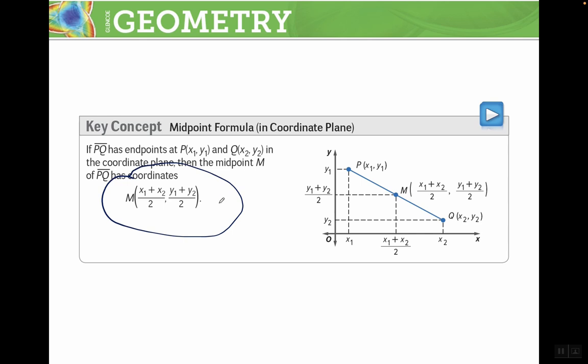So what this essentially is, you're finding the average of your x's and the average of your y's. The formula just looks like x1 plus x2, and then you divide it by 2, and that's the x coordinate of your midpoint, and then you average the y's, and that's the y coordinate of your midpoint. So we'll put some of this into action.